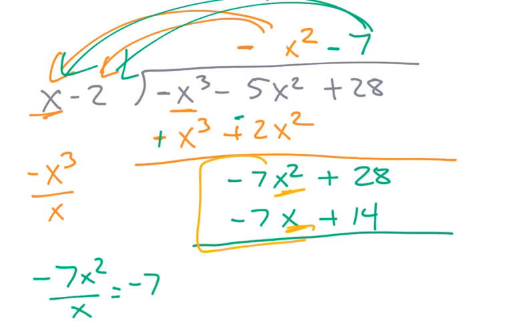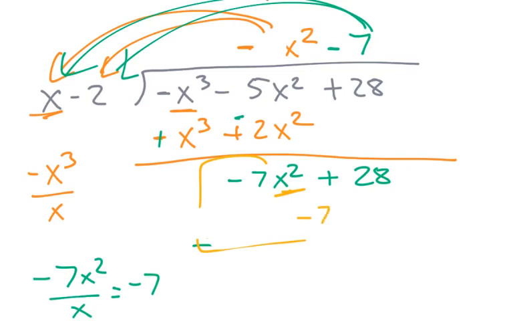So what I could do is I could shift this over and have the negative 7x plus 14 off to the side and continue on the process. Okay, what we typically do is in the beginning we include another term here.